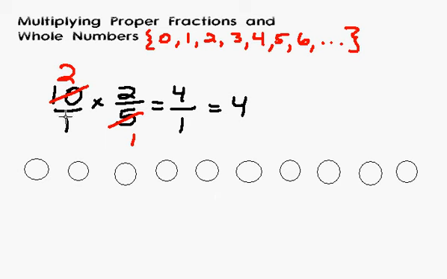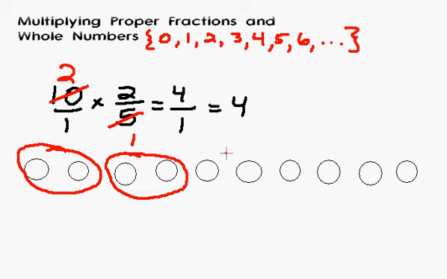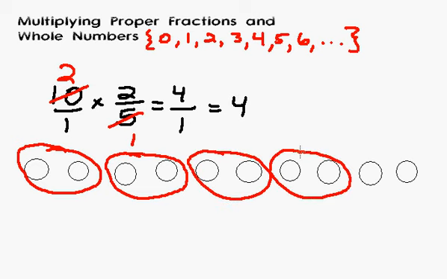So I'm going to take these 10 circles and I'm going to divide them into 5 parts, 5 different piles, let's say, or for 5 different people. So I'm just going to show that with a line between them. Or maybe I'll circle them. There's 1 pile, 2 piles, 3 piles, 4 piles, 5 piles.